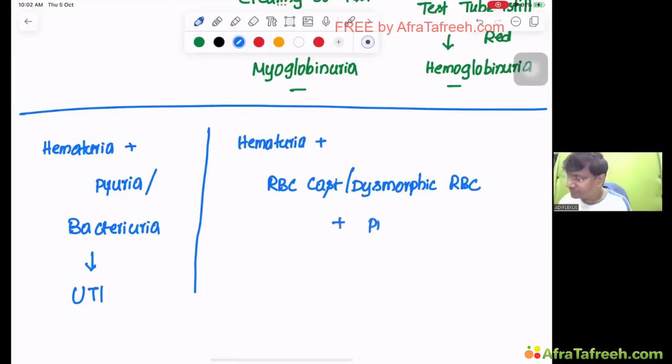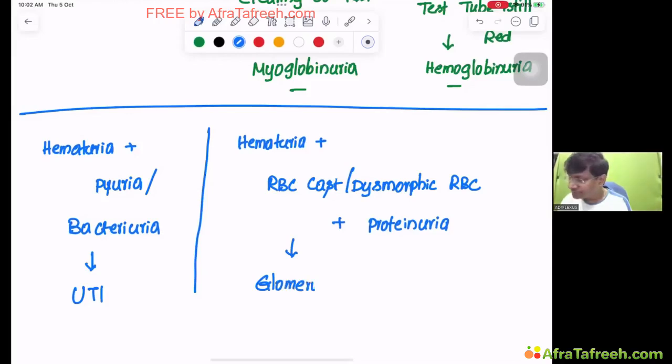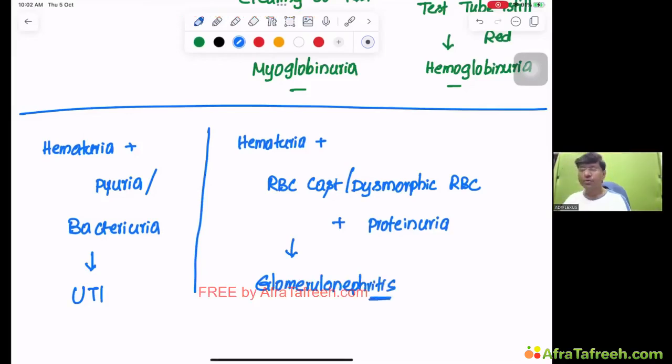Along with that, proteinuria is there. Then what is the underlying diagnosis, or where is the pathology? That is in the glomerulus. That is glomerulonephritis. Why do you consider the pathology is in the glomerulus? Because you have the presence of dysmorphic RBCs. Then you should consider it as glomerulonephritis, right?